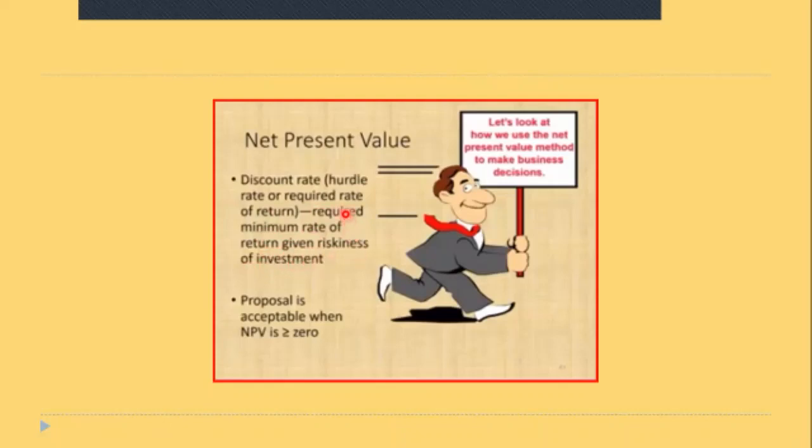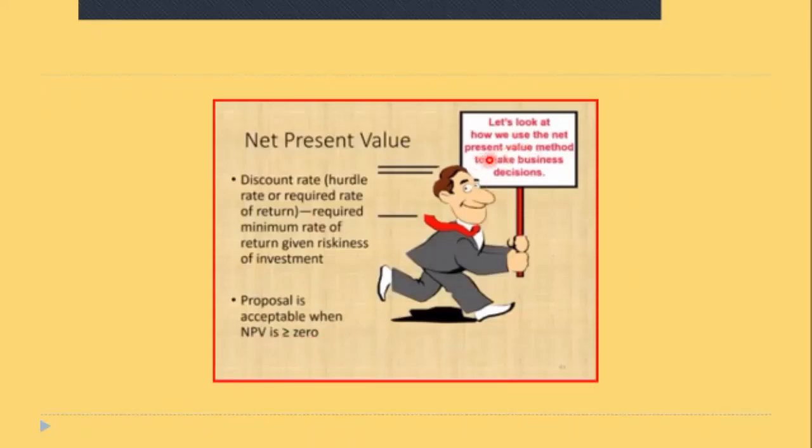So the discount rate is the required minimum rate of return given riskiness of the investment. We don't really look at riskiness at the CAPE level, so you needn't bother about this part here. The proposal is acceptable when NPV is greater than or equal to 0.